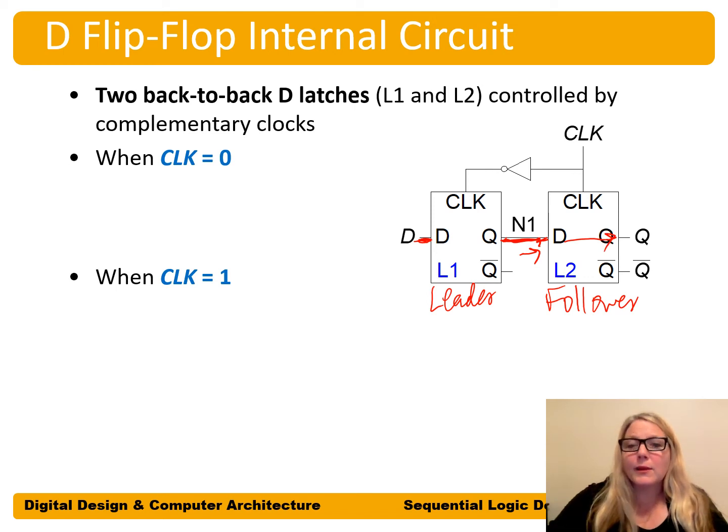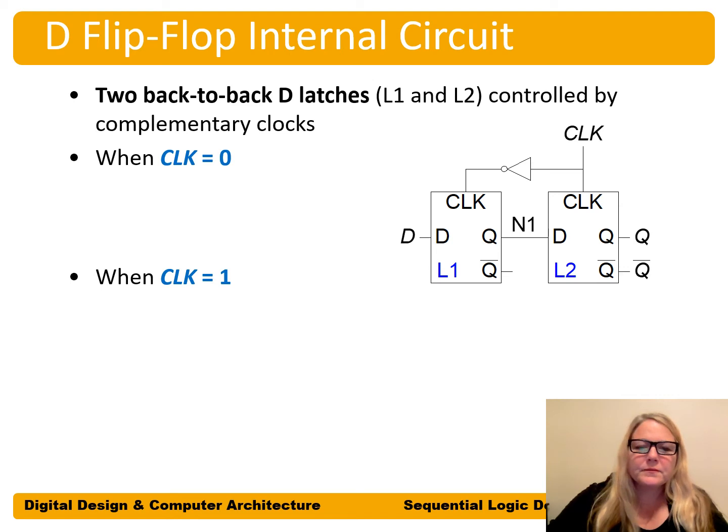So let's talk about the timing of how D passes through to Q. Okay, so when clock is equal to 0, so here's our clock edge, and we'll look at that. Let's see which one is transparent, which one is allowing its D input through to Q. Well, L2 isn't.